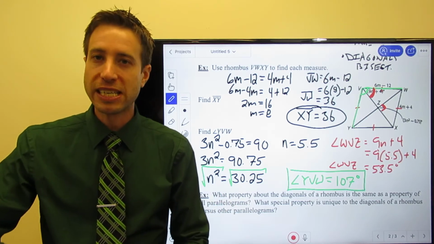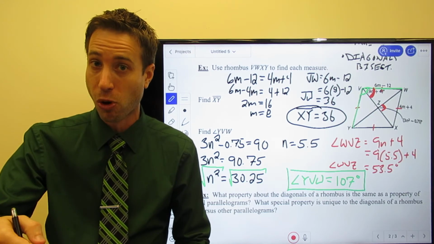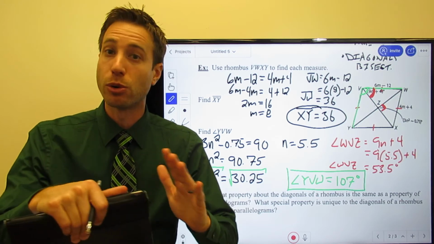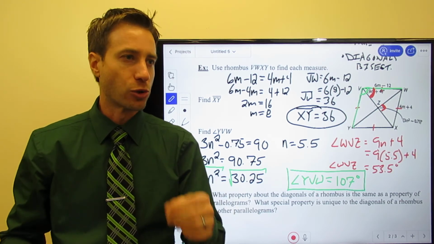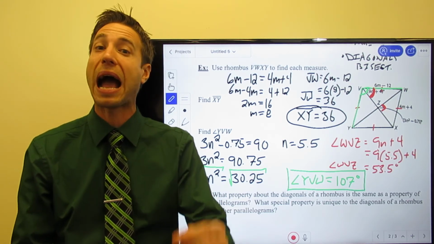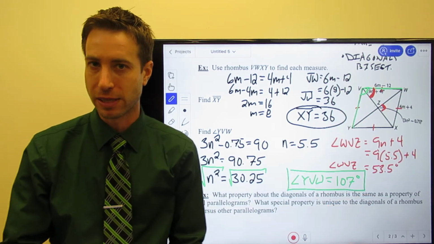Take as much time as you need to. Flashcards will certainly help you to memorize these properties of parallelograms, rectangles, and rhombuses. I know it's a lot of information to keep straight, so use whatever sort of memory tricks you need to help you remember those properties, but you absolutely need to know those properties to help you solve these problems.